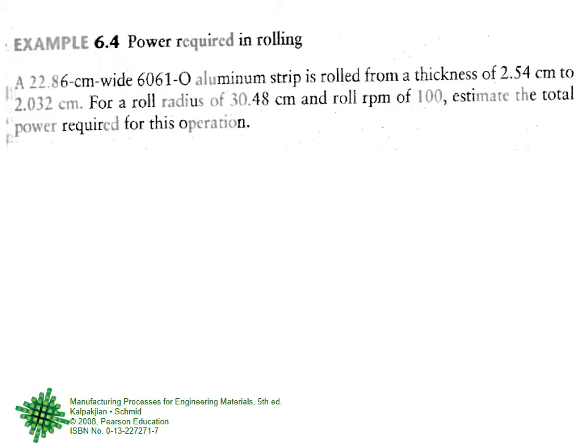So from the table you find the K and n. Once you have that, then from the Y bar equation you find the Y bar, and from the multiplication factor you find the Y bar prime, which is for plane strain. Once you have it, then you just substitute the values in the equation, taking care that you are all in a similar unit system.